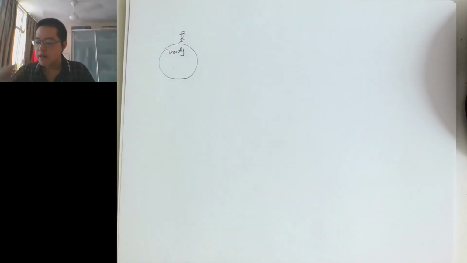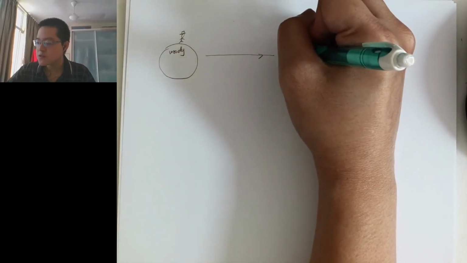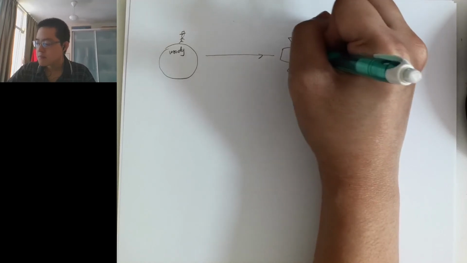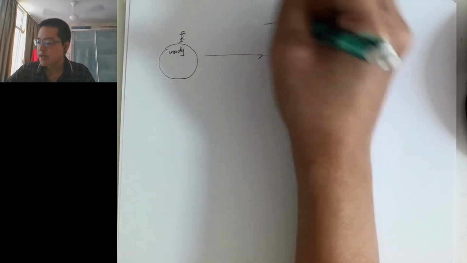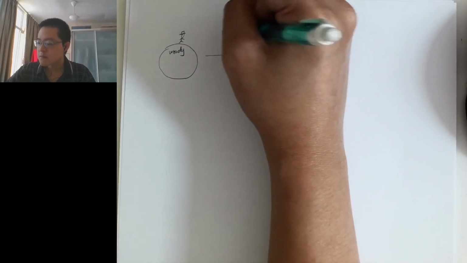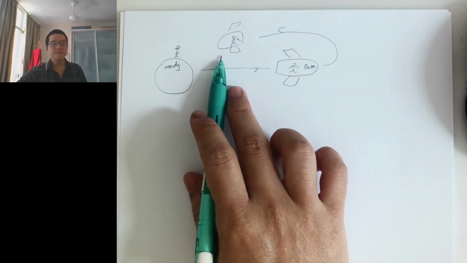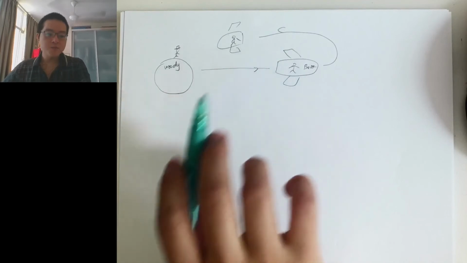And then Buzz is on a spaceship. So how to draw a spaceship? Okay, so Buzz is here, and then he has to turn back and come back to Earth.